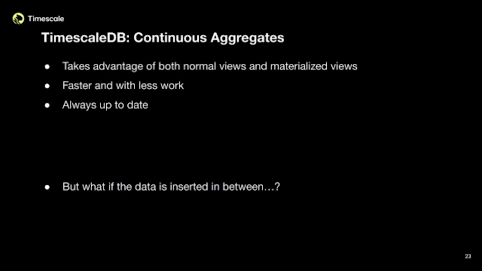The continuous aggregate itself takes advantage of normal views and materialized views, because the refresh procedure is much faster than a normal materialized view, and it's always updated. But what happens if some data is inserted in between?